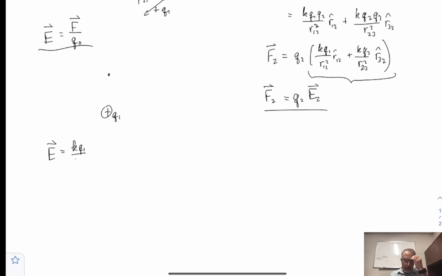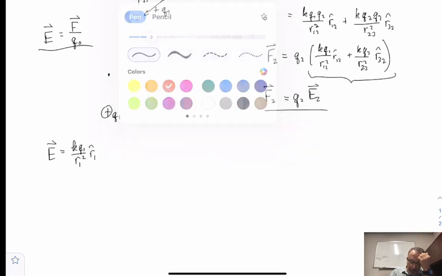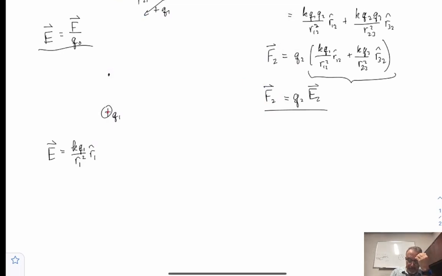When I say R1, what I mean by that is the vector from the location of the charge to the point where I'm evaluating the field. This would be the R1 vector. Now R1, the length of that vector, remember this can be thought of as R1 magnitude in the R1 hat direction.